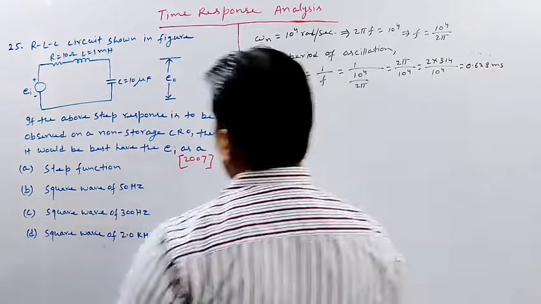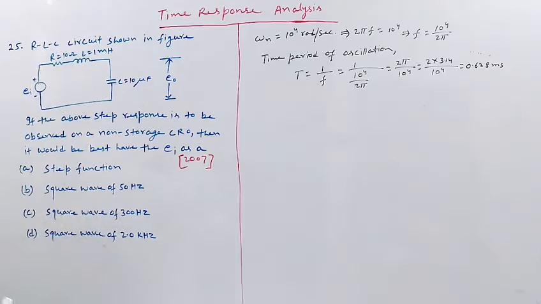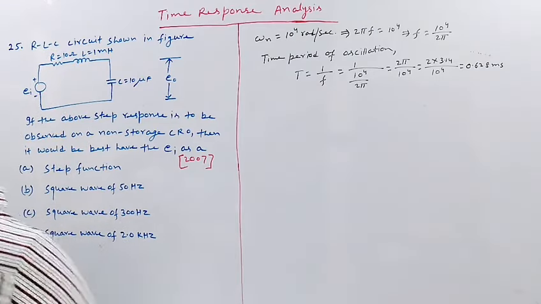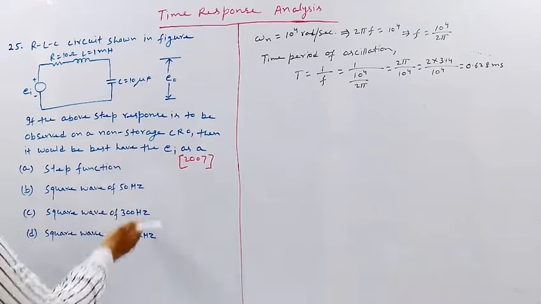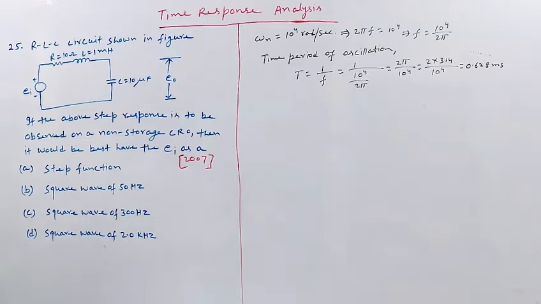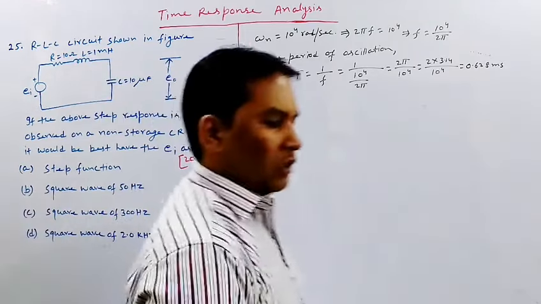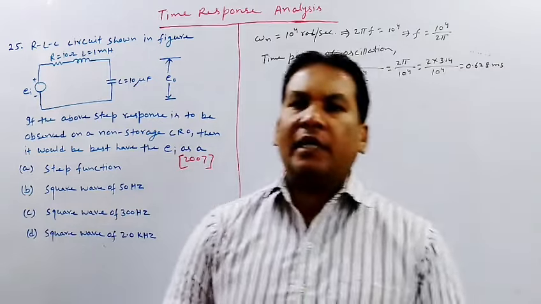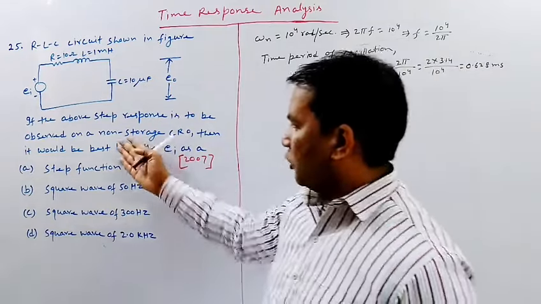Now we have calculated the time period of oscillation as 0.628 millisecond. So now we have to work out what type of input we should give so that the response can be clearly observed on a non-storage oscilloscope.